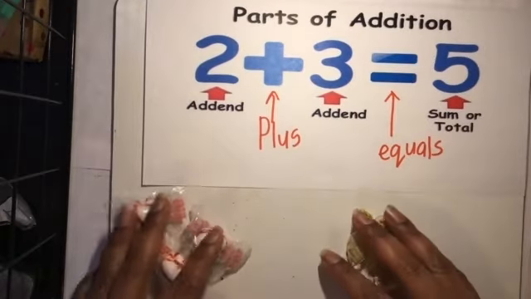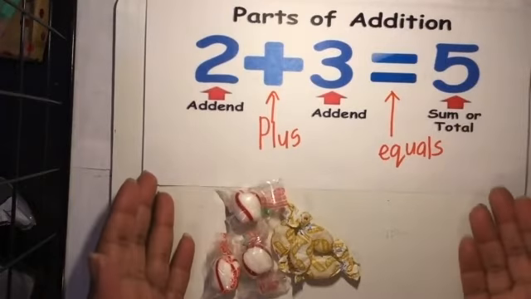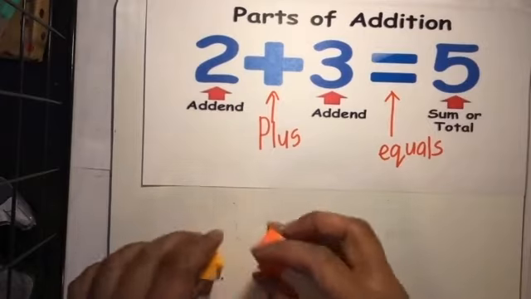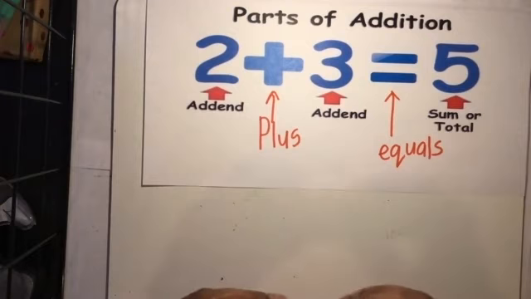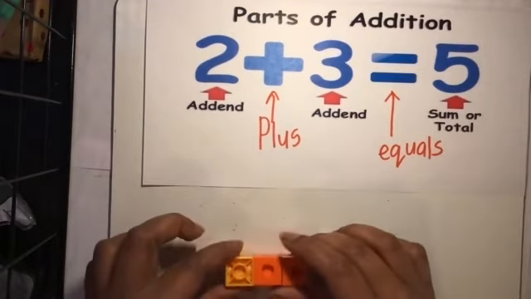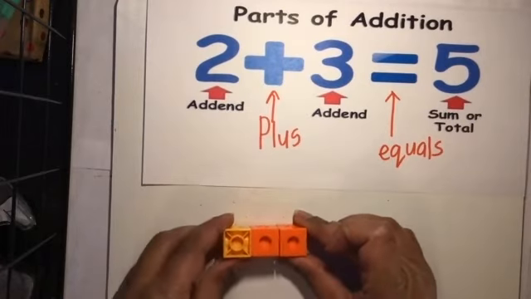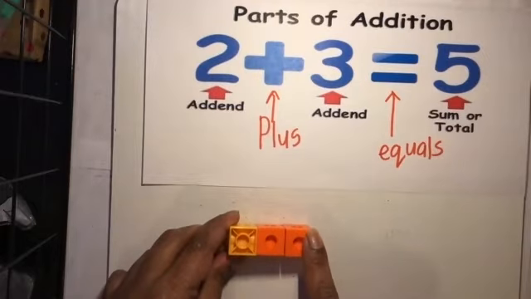Two groups, when I add them together or join them together, I'm going to get a bigger number. I can also do manipulatives. I can add by joining a manipulative. So 1 yellow plus 2 orange equals 3 cubes altogether.